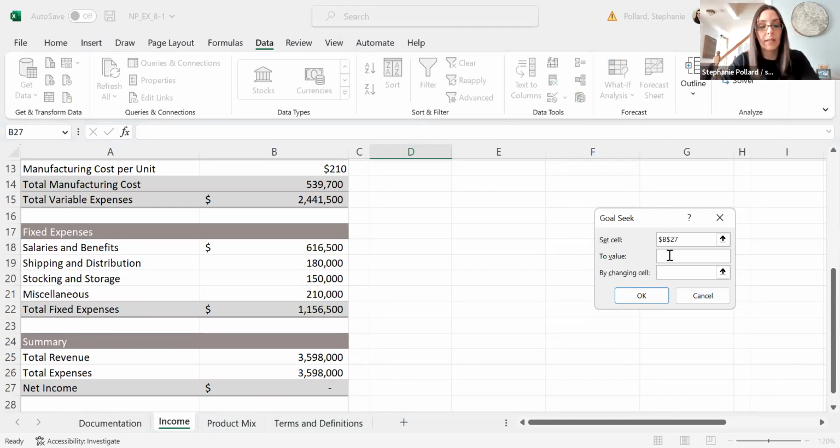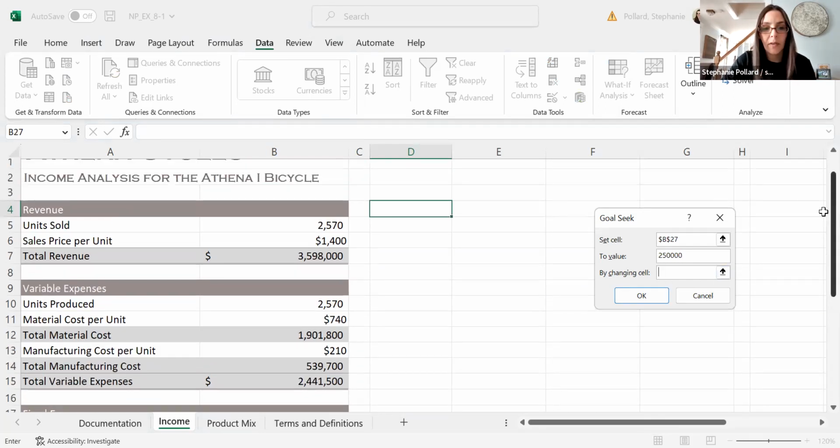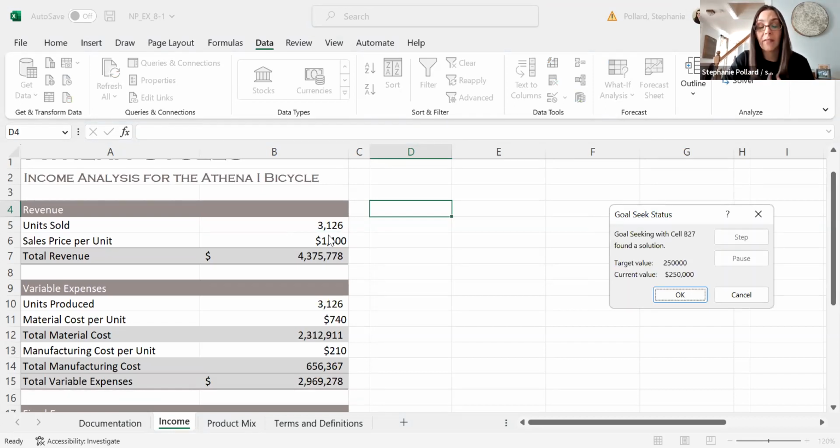Let's say I want to know, when is it going to be 250,000 instead? And I'm using a changing cell of B5. So I can ask whatever questions I want to. Here I'd have to sell 3,126 units to make a profit of 250,000. So our most common one is that break-even, that 0 point. But if you have some individual values you want to play around with, we can use that Goal Seek feature.